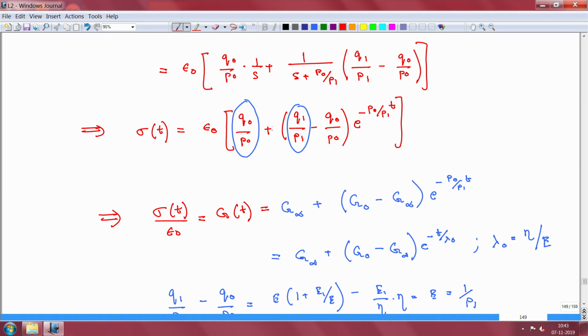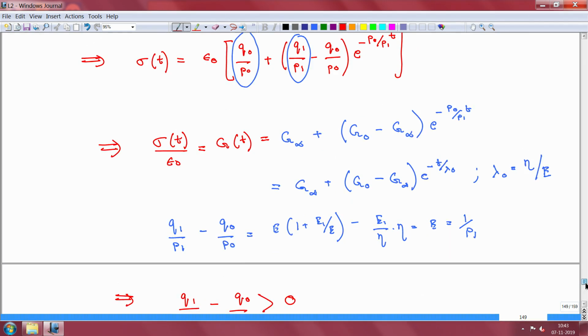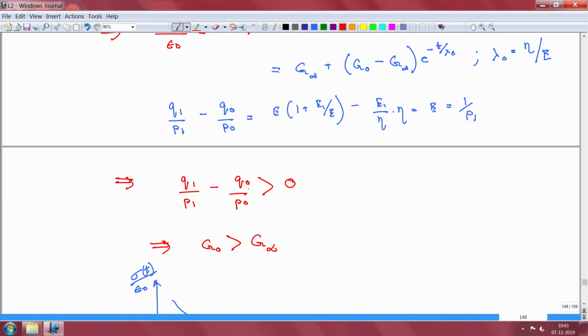For this to be physically realistic, this particular fraction has to be greater than 0. So, we had insisted that Q1 by P1 minus Q naught by P naught should be greater than 0, which was true for the previous case, because we evaluated it and saw that this expression is equal to E and it is greater than 0.